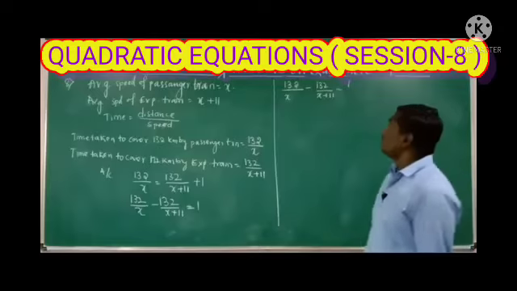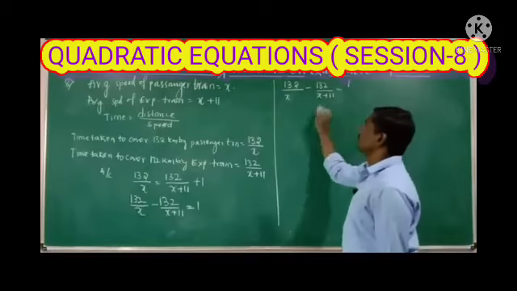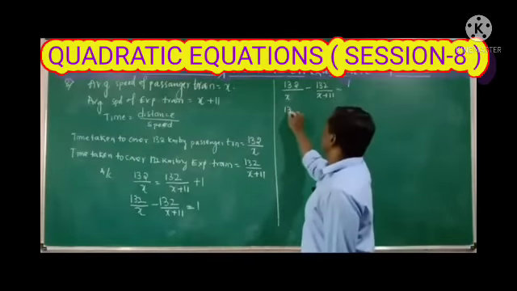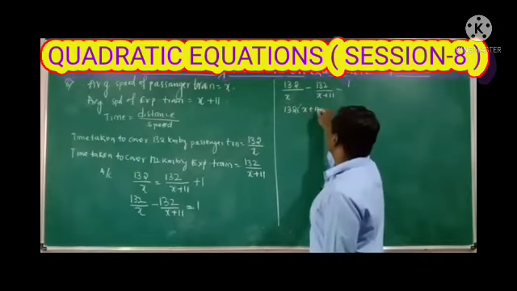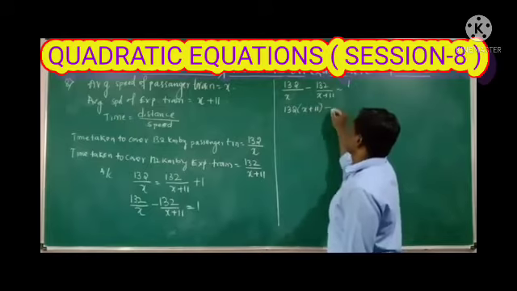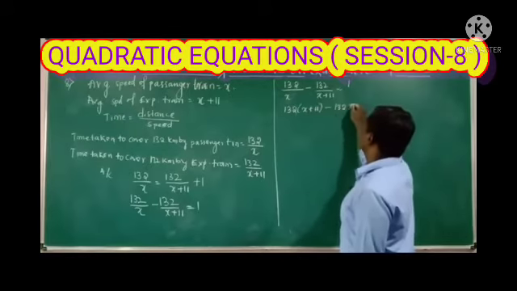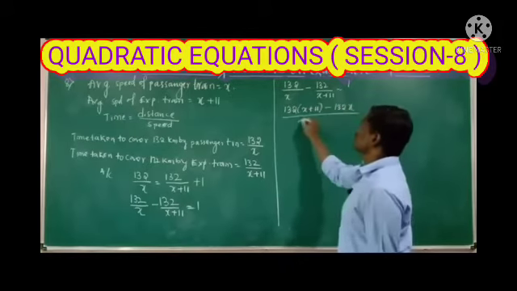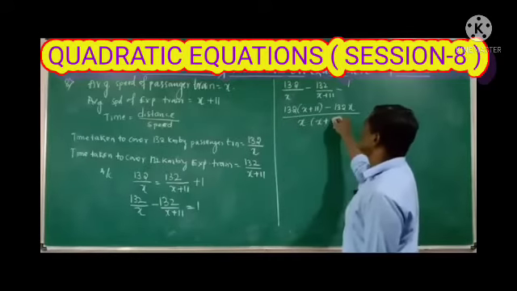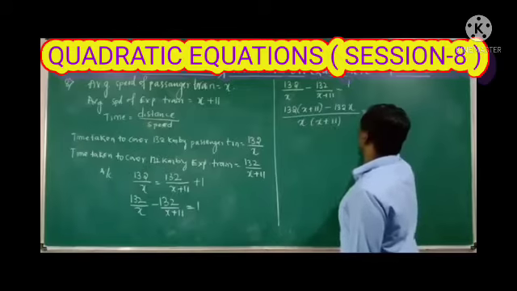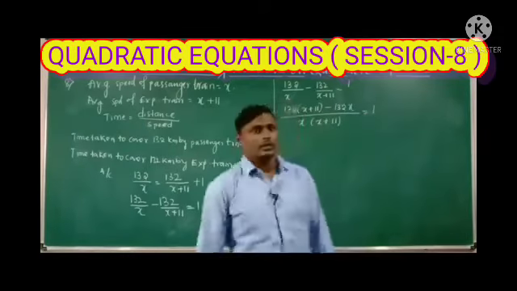So take the LCM and cross multiplication. Okay, so 132 into x plus 11 minus 132 into x, and the LCM is x into x plus 11, which is equal to 1, right?